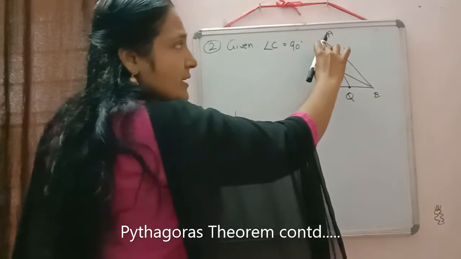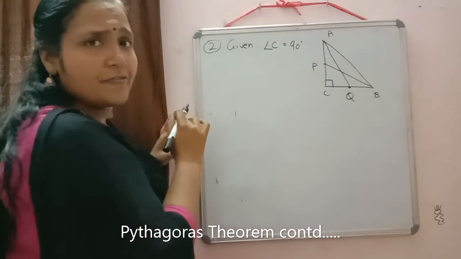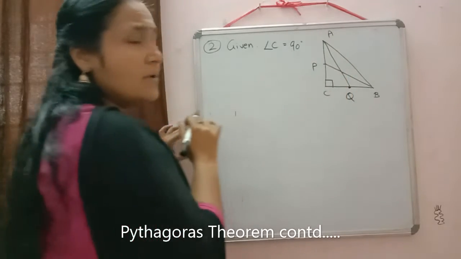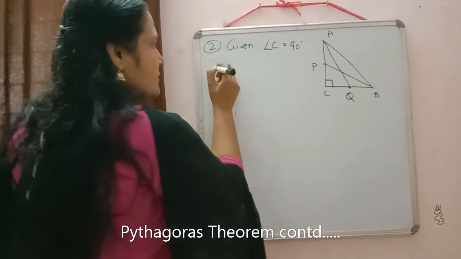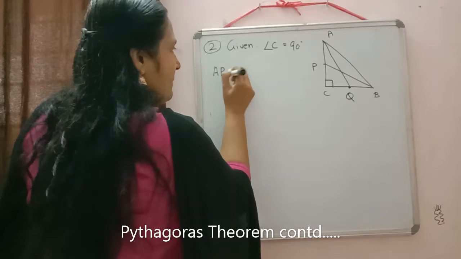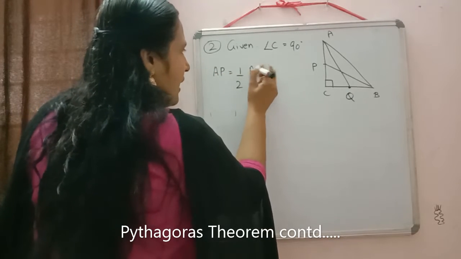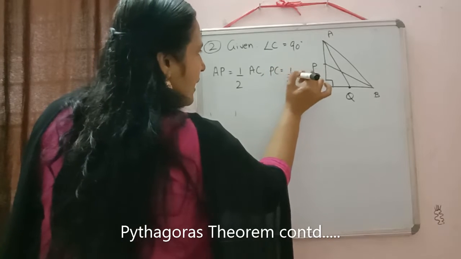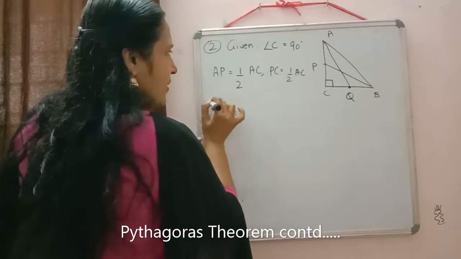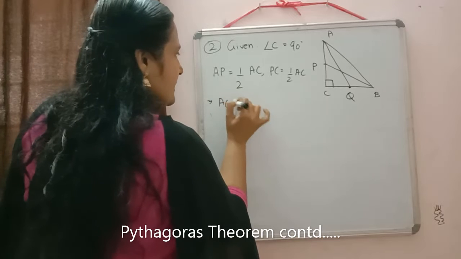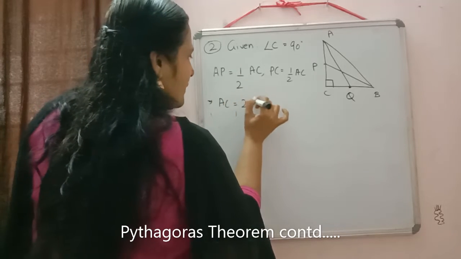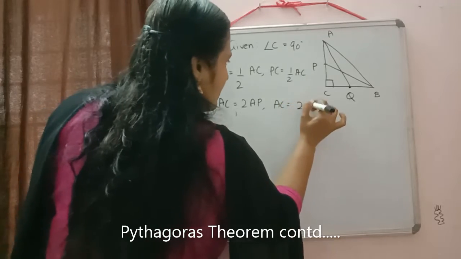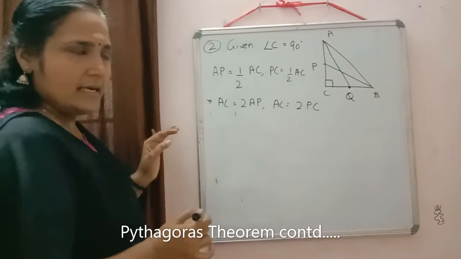Yes, AP will be equal to half of AC. In the same way, PC also will be equal to half of AC. So we will write down that AP is equal to half of AC and PC also is equal to half of AC. Or it can be written as AC is equal to 2 into AP. In the same way, AC is equal to 2 into PC.